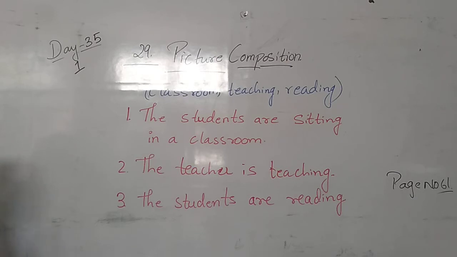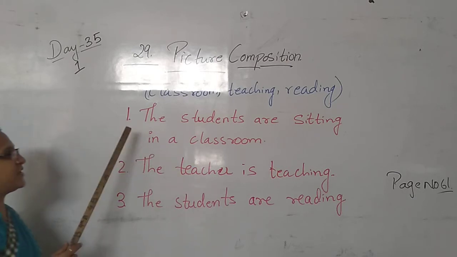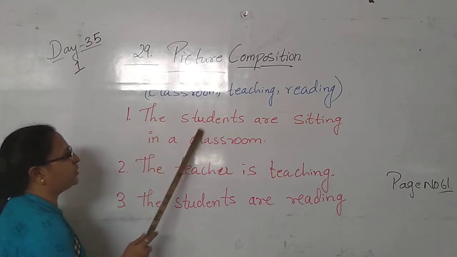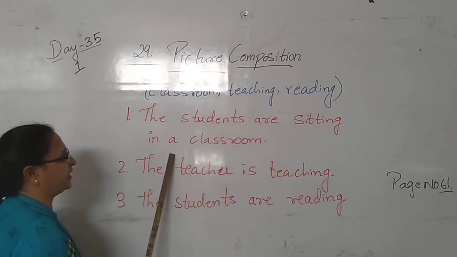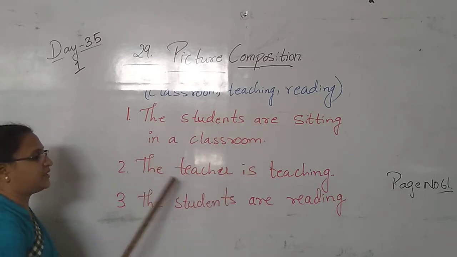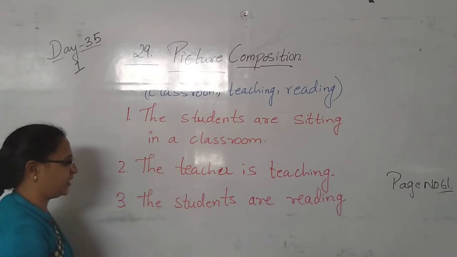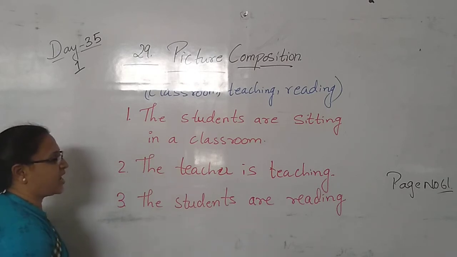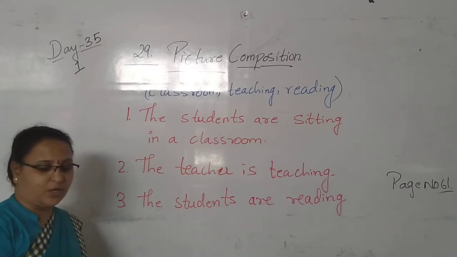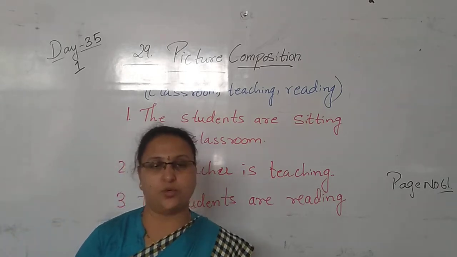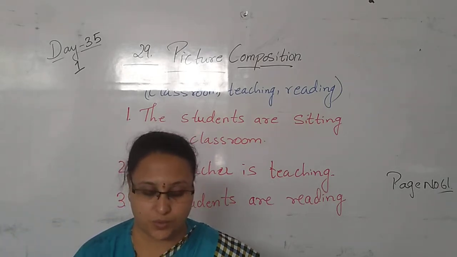Yes or no? Classroom is given. So the first sentence I have written, the students are sitting in a class. The teacher is teaching. The students are reading. If you want, you can write two more sentences also.